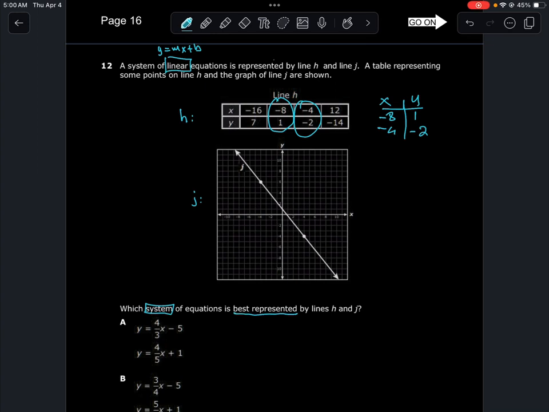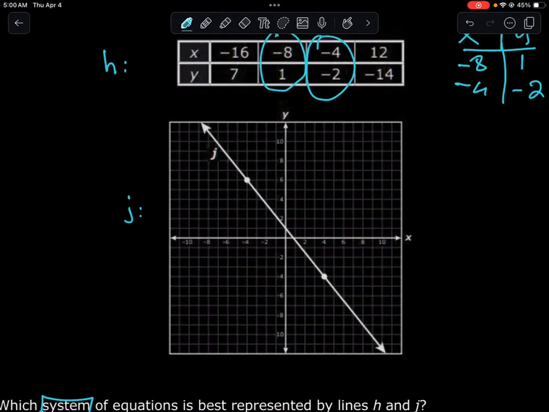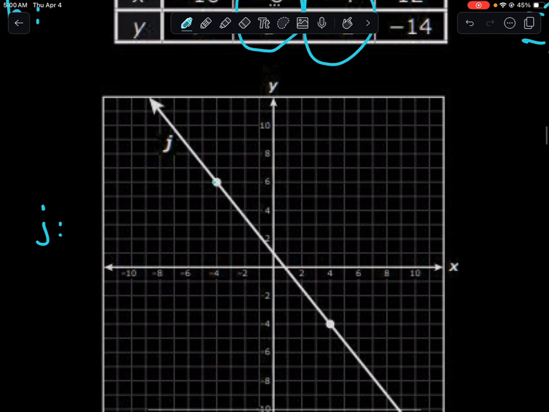Okay, and then what about the other graph though? How am I going to find the equation of the other one? Well, it has 2 points here. They're highlighted. That means those are good points that I'm allowed to use, and I'm allowed to consider that they are exactly at the intersections. Those points are the negative 4, because that's right above negative 4, and next to 6.